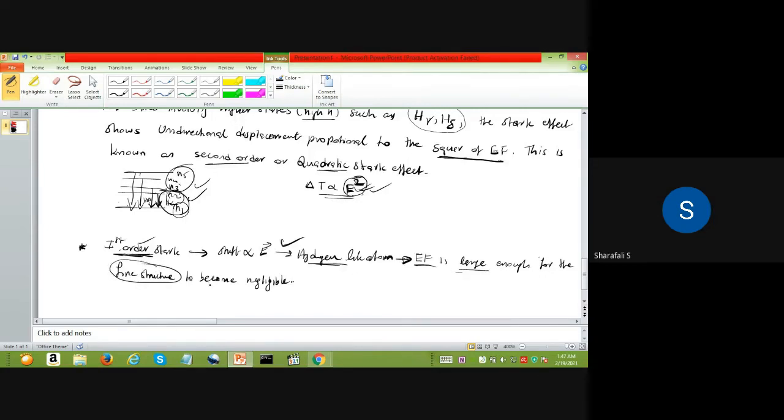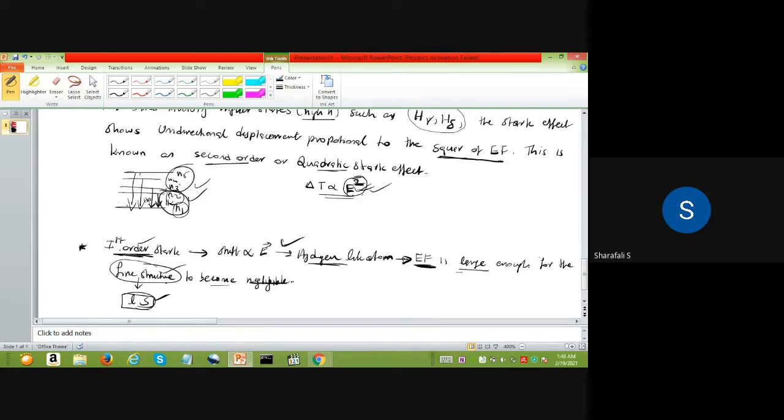What that means is, in fine structure, we are having LS coupling. Okay, we are having LS coupling, but we are not considering this LS coupling when we consider the Stark effect, because the Stark effect will be dominant. The electric field which we applied will be large enough in such a way that we can neglect this fine structure or LS coupling.